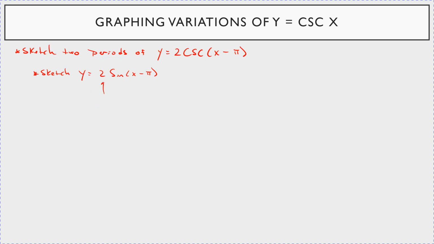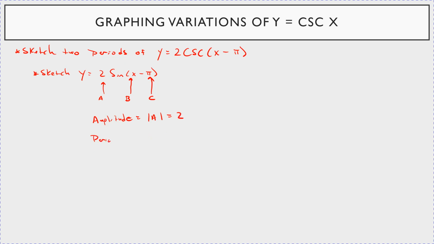So this is my A, my B is 1, and my C here is pi. So my amplitude is the absolute value of A, which is 2.